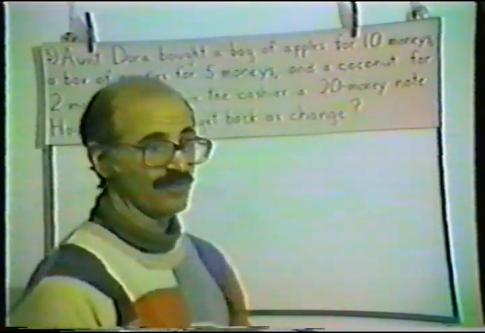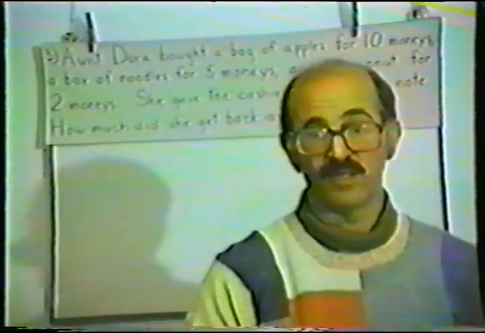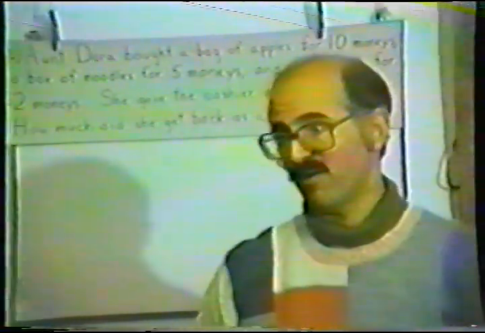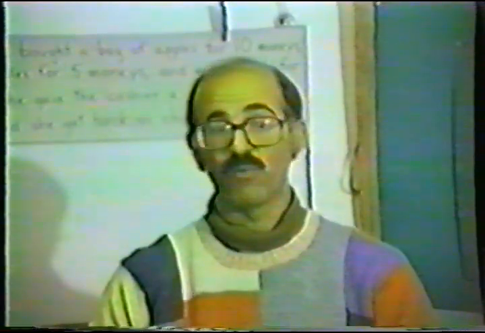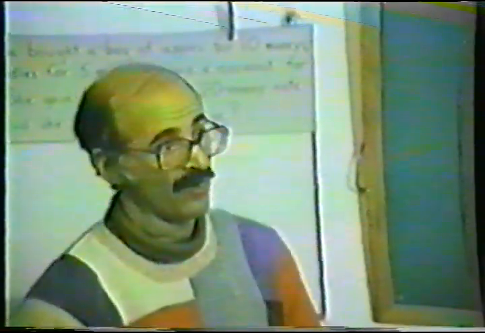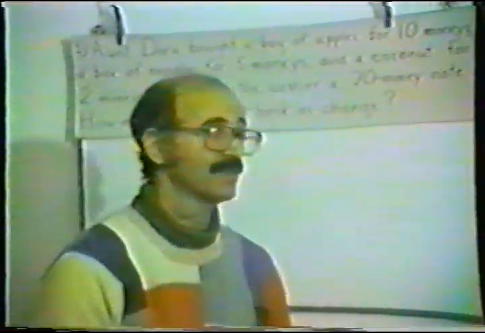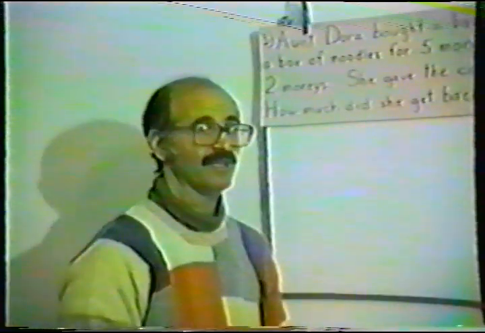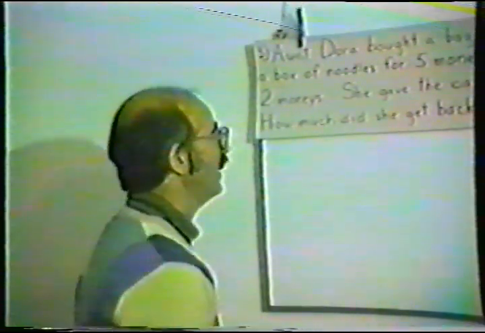Well, this is your usual shopping problem. You bought this, and you bought that, and you bought something else, and you go up to pay for it, and you give a certain amount of money, and you get some change. Before we can know how much change we get, we have to know how much everything costs. And in order to find out how much all these things cost, what we have to do is add.